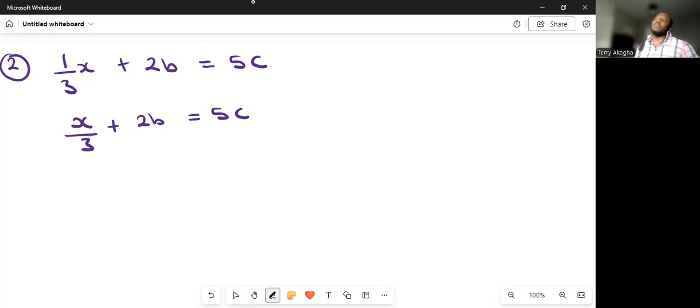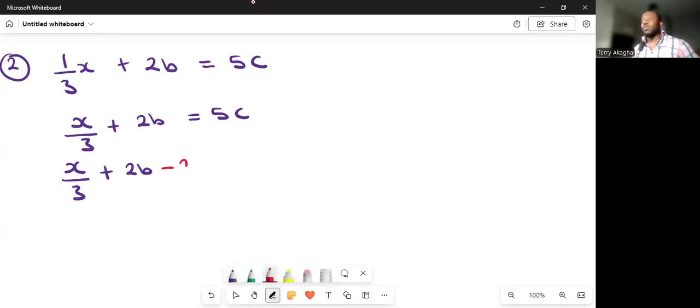Now, in order for me to get rid of this 2b, I'm going to subtract 2b from both sides. So we have x over 3 plus 2b, then minus 2b, and it will be equal to 5c, then minus 2b. Are you seeing it? So that means 2b cancels this out.